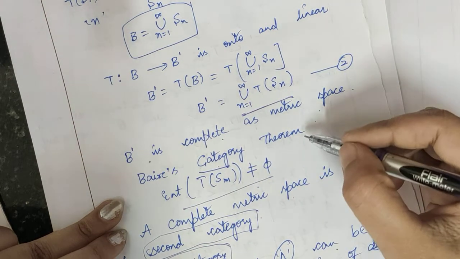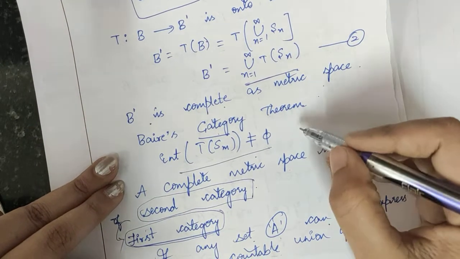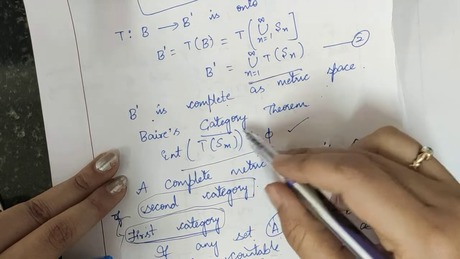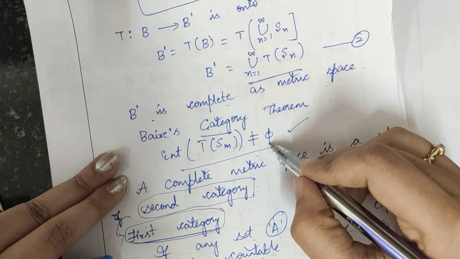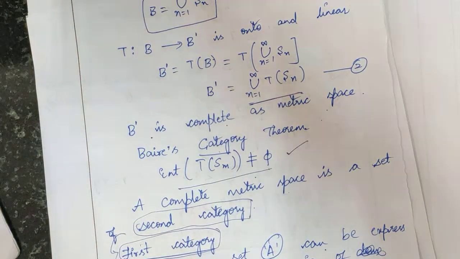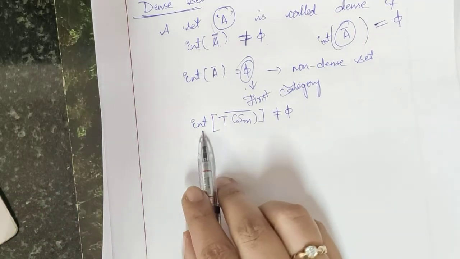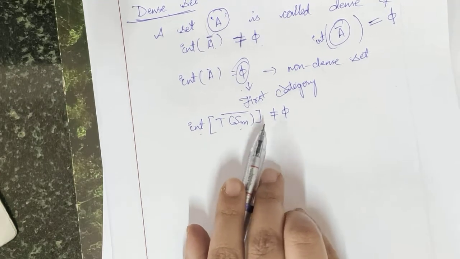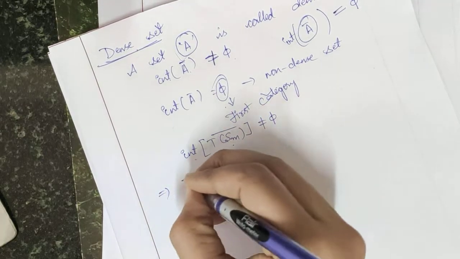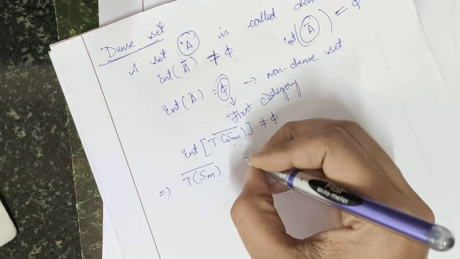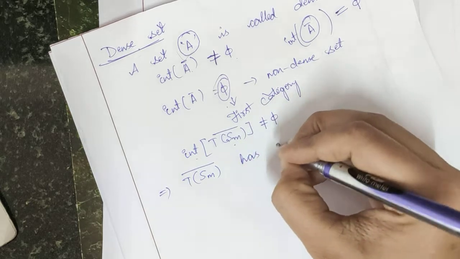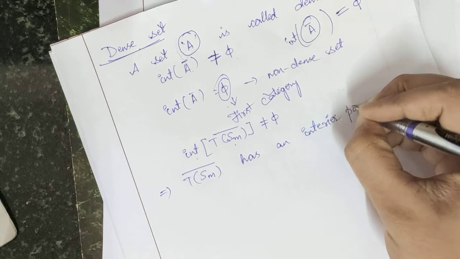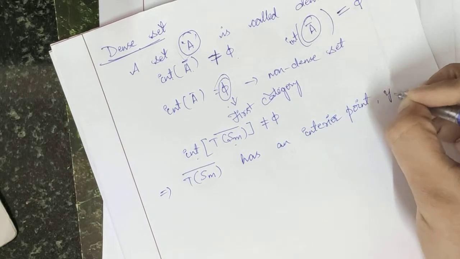Okay. So using Baire's category theorem, since it is of second category, you can write interior of T of Sm whole closure is not equal to null. Now if interior of T of Sm whole closure is not equal to null, this implies that T of Sm whole closure has an interior point, right? I will denote that interior point as y0.